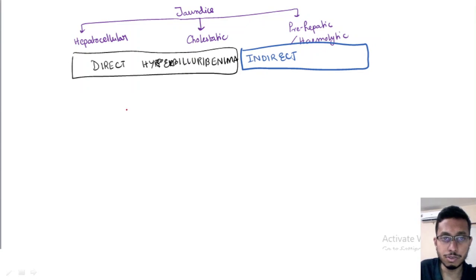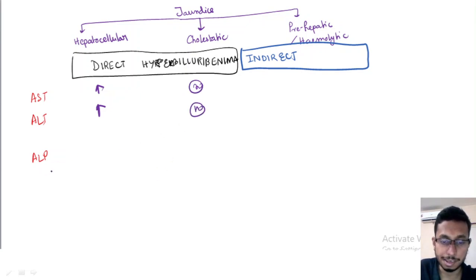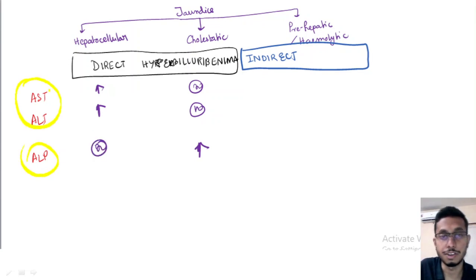To differentiate between cholestatic and hepatocellular, you need to look at the other markers: AST, ALT and ALP. AST and ALT will be raised in hepatocellular injury, whereas almost near normal in the cholestatic variety. ALP, alkaline phosphatase, will be raised in the cholestatic variety, or near normal in the hepatocellular variety. So looking at the ALP and ALT, AST values, you can differentiate between hepatocellular and cholestatic.